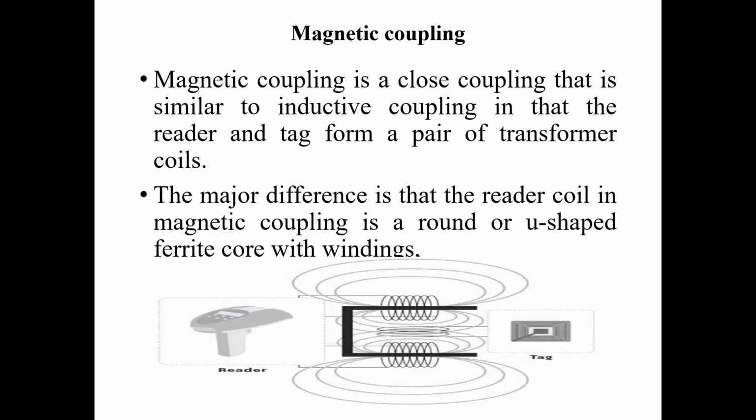Magnetic coupling in RFID is the transfer of energy and data between a reader and tag using a magnetic field. It is the foundation of inductive coupling, making it ideal for short range, secure applications like access cards and smart tickets.